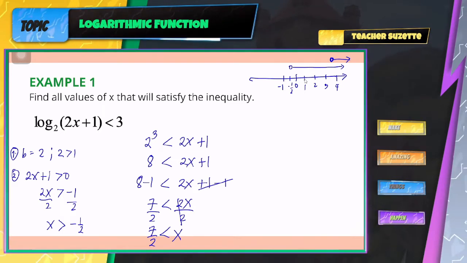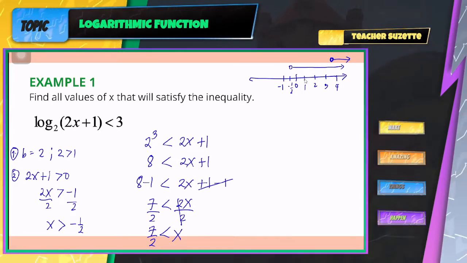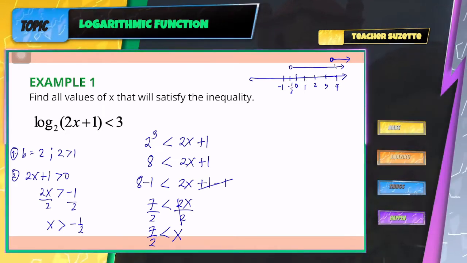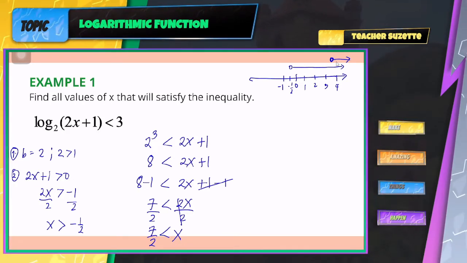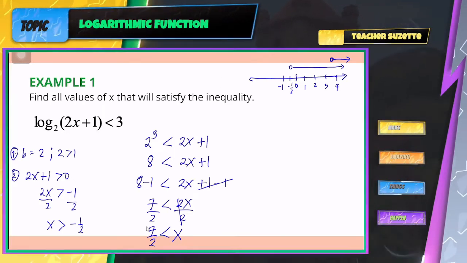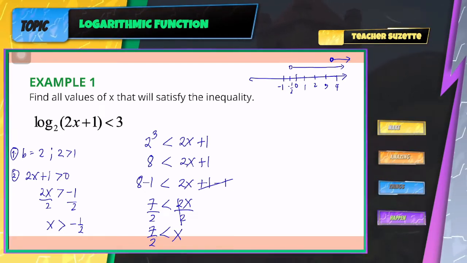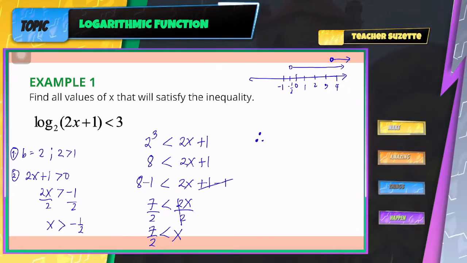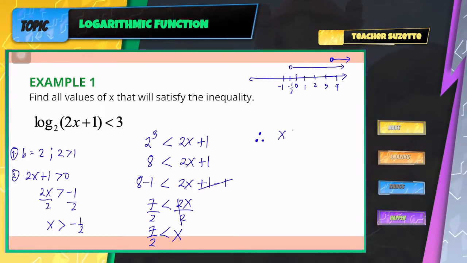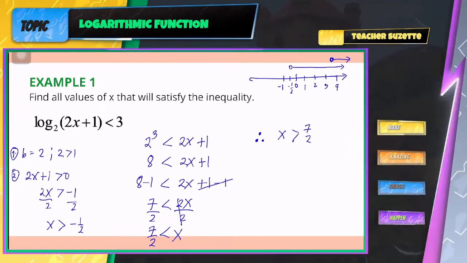So, these are the solutions of our inequality. And between the two, ang pipiliin natin is when our x is greater than 7 halves. So, therefore, the solution for our inequality is x is greater than 7 halves.